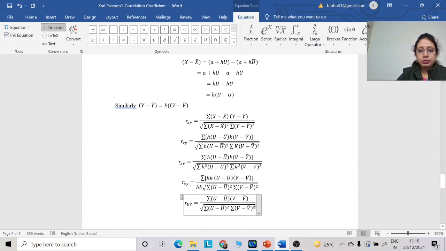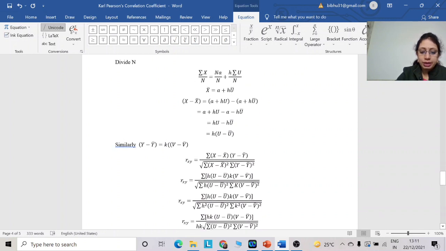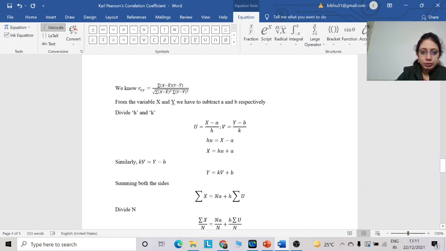Now we started with the rxy and we end here with ruv, which is the same. You can see here.